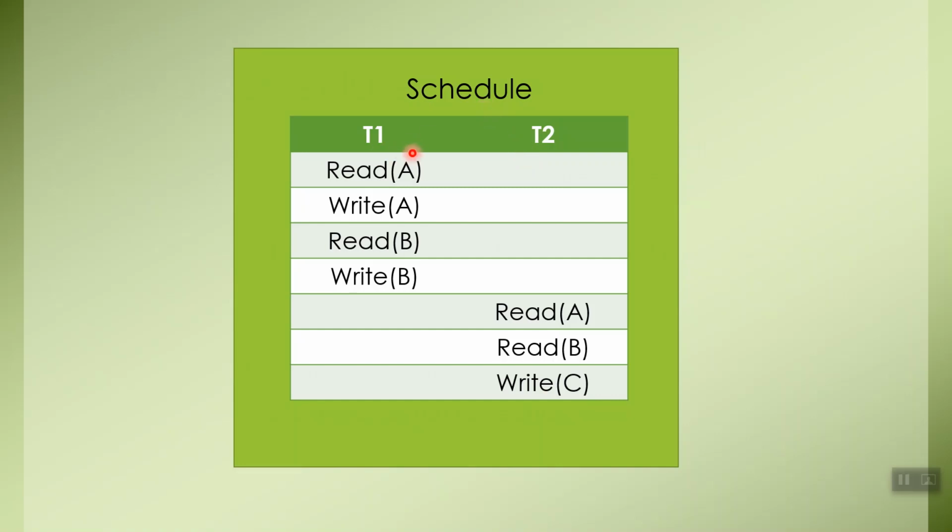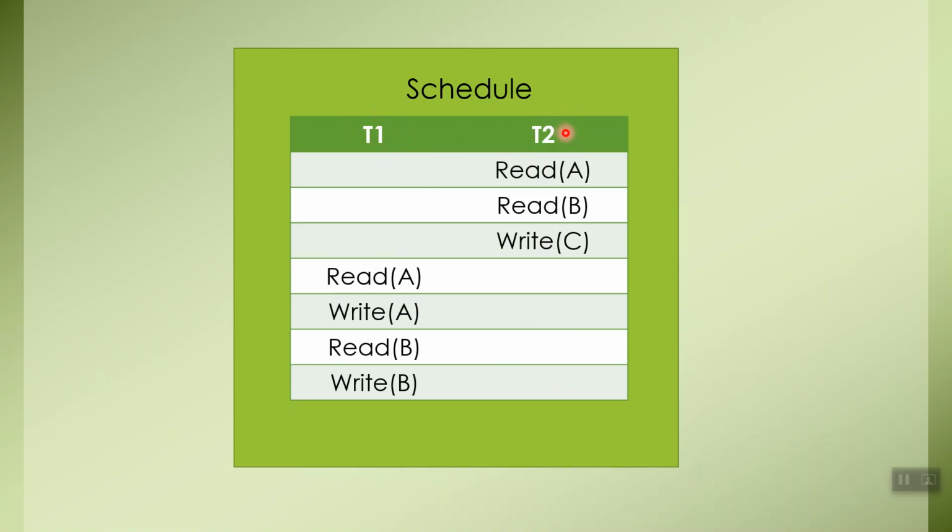That means how many serial schedules are possible? 2 factorial, that is 2 serial schedules are possible. That means what are those? First T1 will get executed, then T2 will get executed, and the next possibility is that first T2 is going to get executed and then T1 is going to get executed, right?